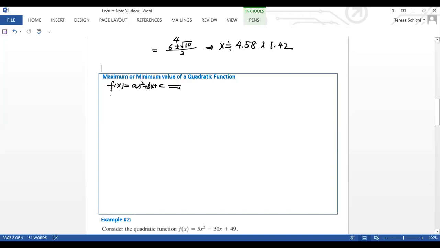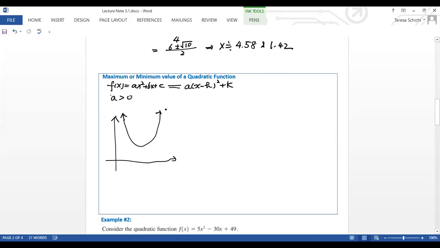We can also change this to a times (x minus h) squared plus k. For a greater than 0, I know my function opens up.